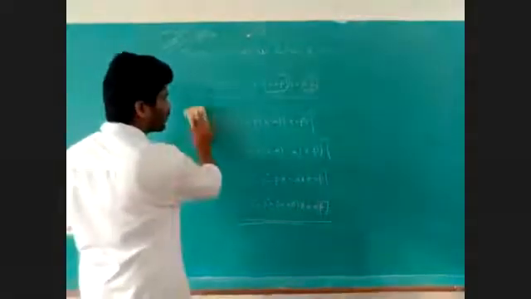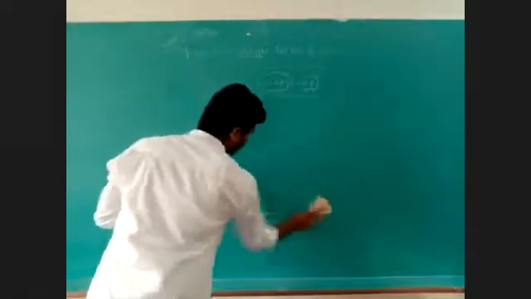First question: the sum of the zeros is nothing but alpha plus beta.